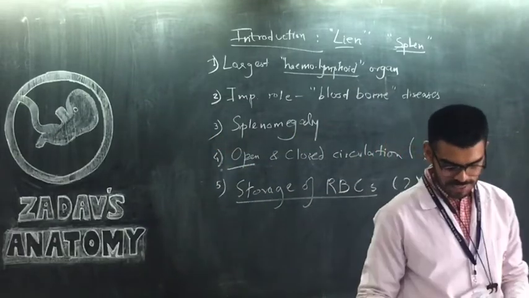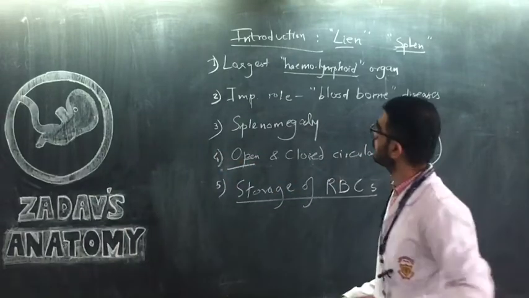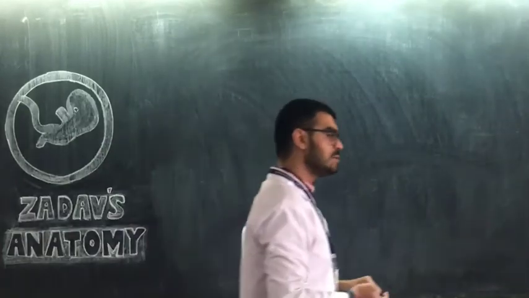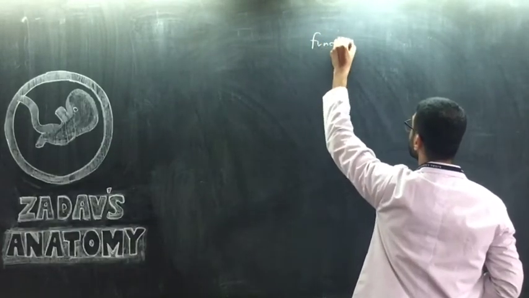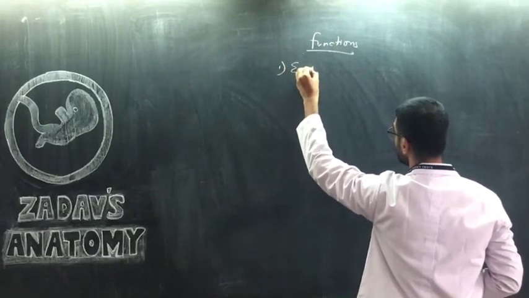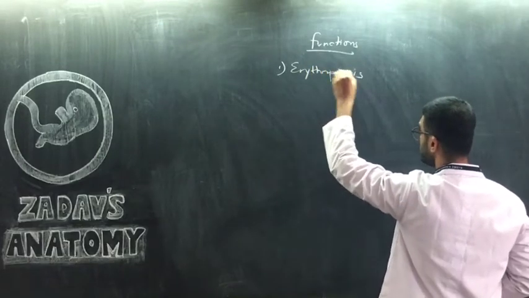That sounds very heavy and very cool. The graveyard of the RBCs, because all the old RBCs are apparently being killed over there. Okay, moving on to the next thing. Let's talk about the functions of the spleen. The most important one, which is in fetal life, is erythropoiesis. This function does not resume in adult life unless there is a clinical abnormality.